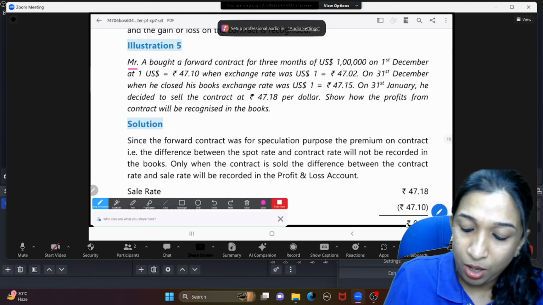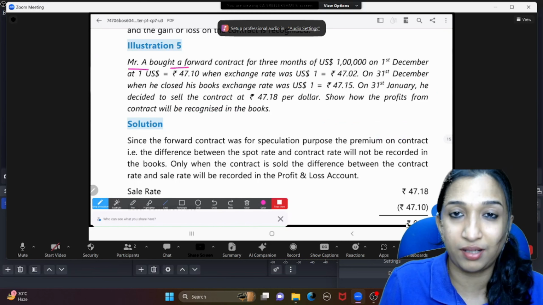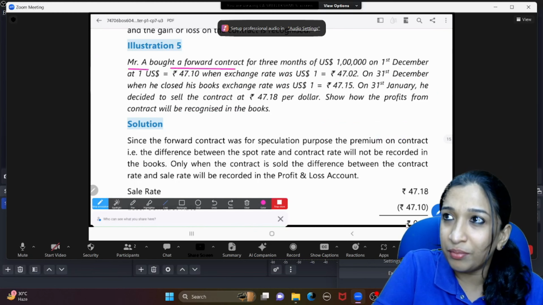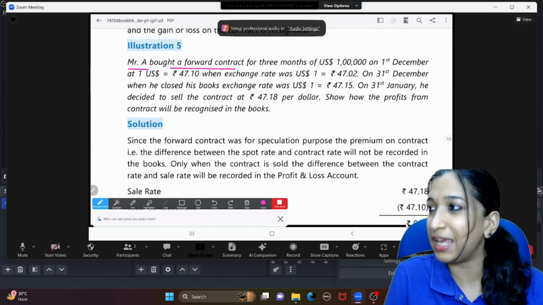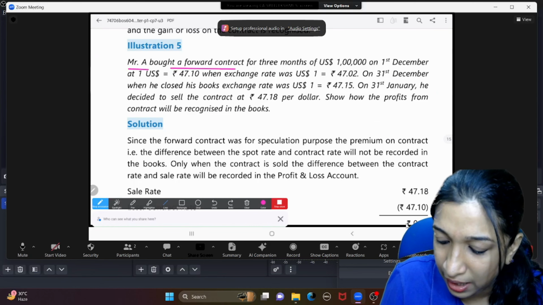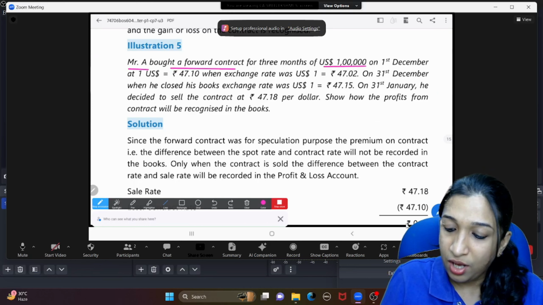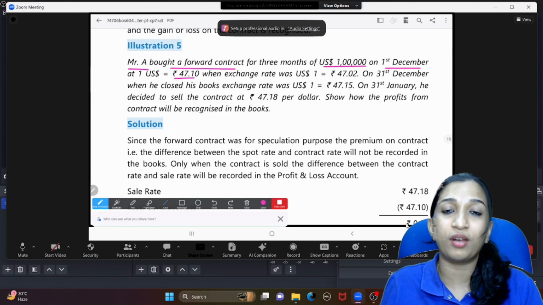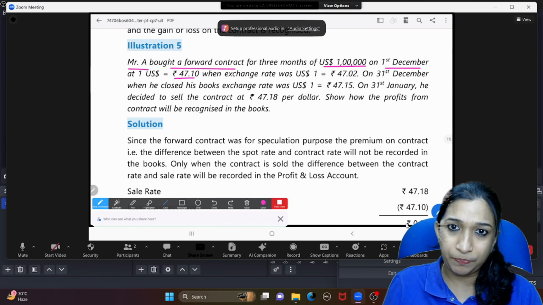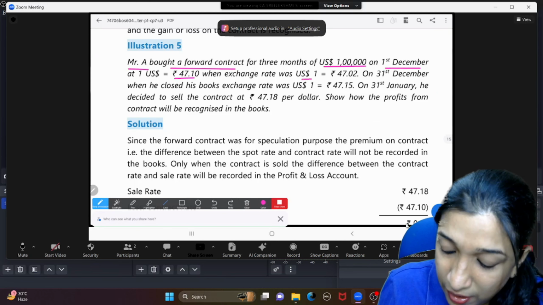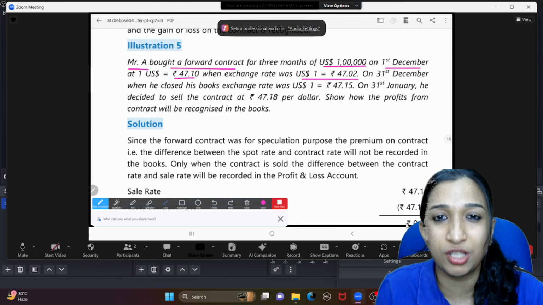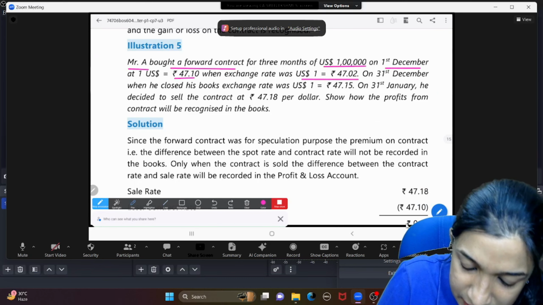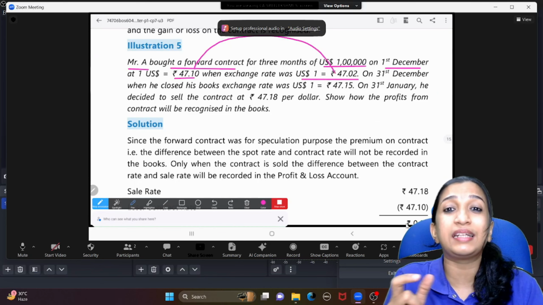Mr. A bought a forward contract, not entered, bought, maybe for sale. You bought a forward contract for 1 lakh dollars on 1st December at $1 equal to 47.1, when the exchange rate is $1 equal to 47.02. So this is the contract inception.